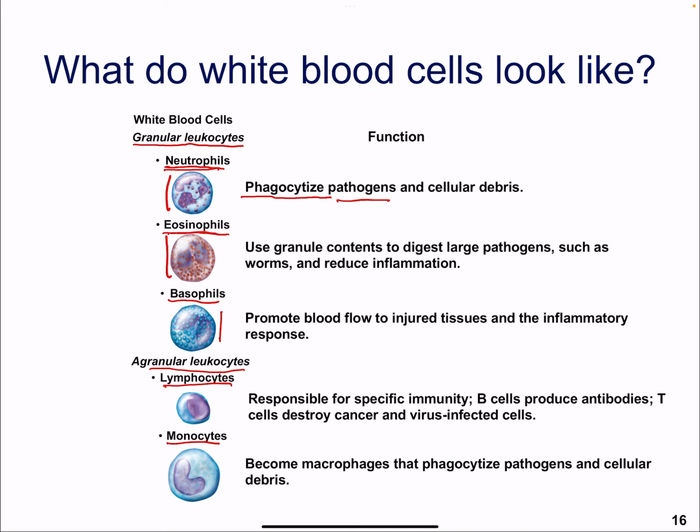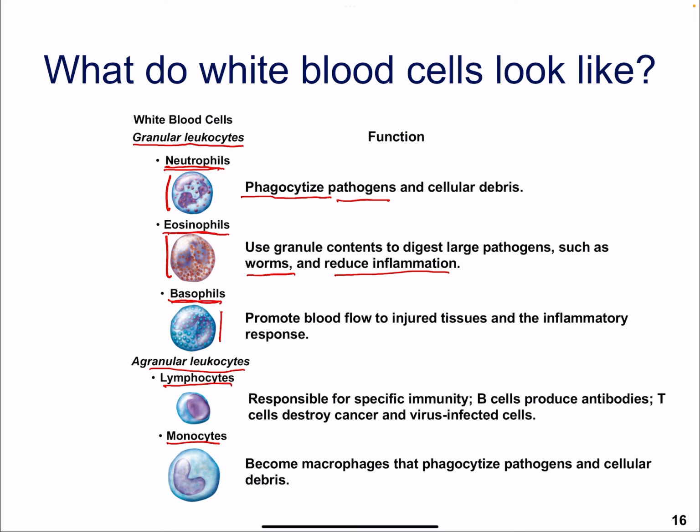The eosinophils are very important at destroying worms and very useful in reducing inflammation. The granules they carry contain enzymes whose job is to digest the pathogens, to break down the pathogens and to reduce the inflammation.